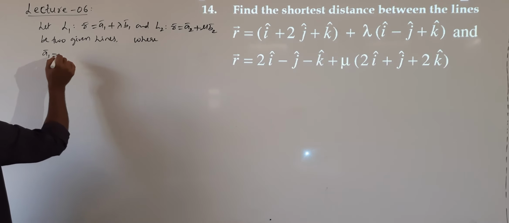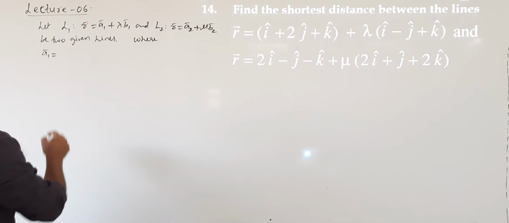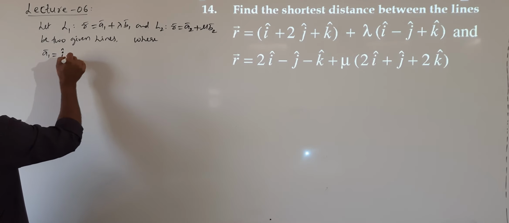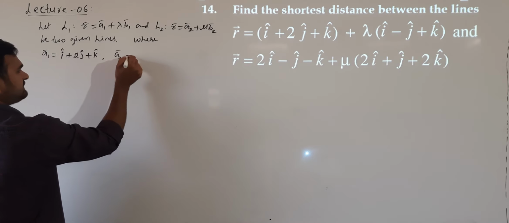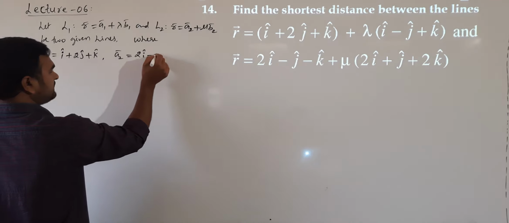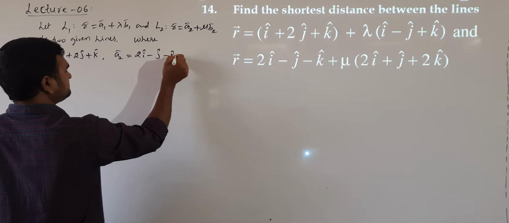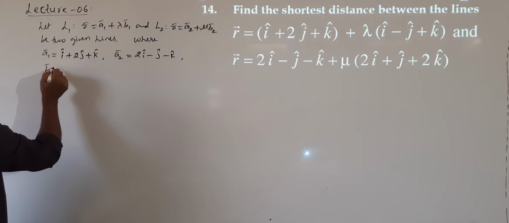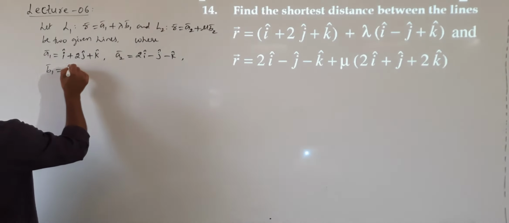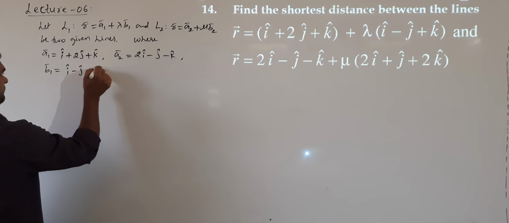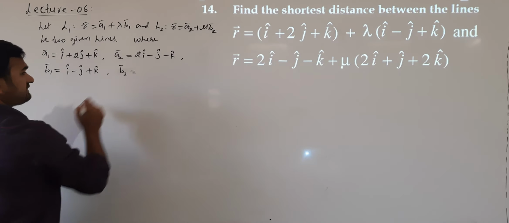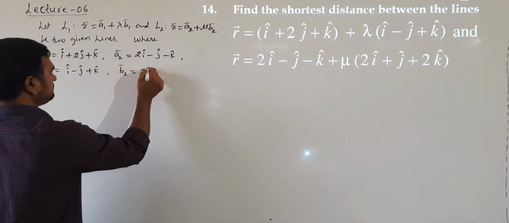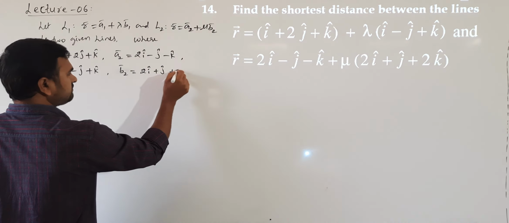a1 bar is i plus 2j plus k, a2 bar is 2i minus j minus k, b1 bar is the parallel vector to the first line, i minus j plus k, and b2 bar is the parallel vector to the second line, 2i plus j plus 2k.